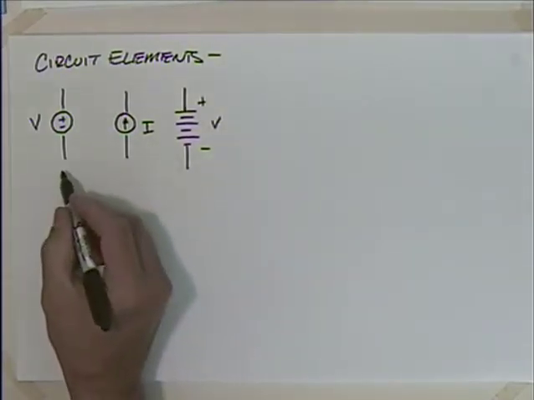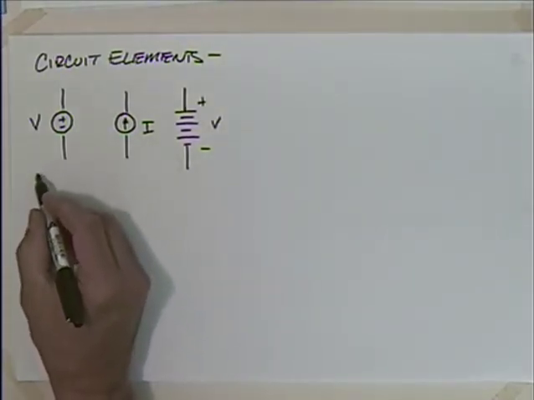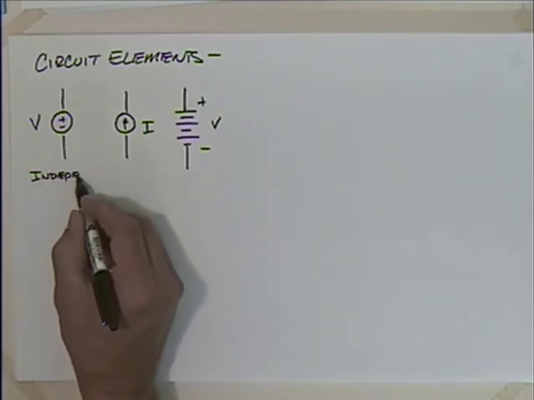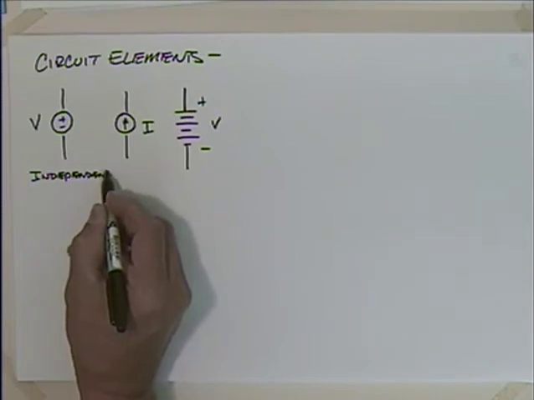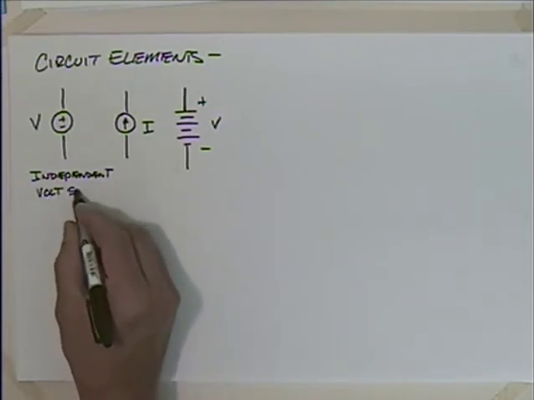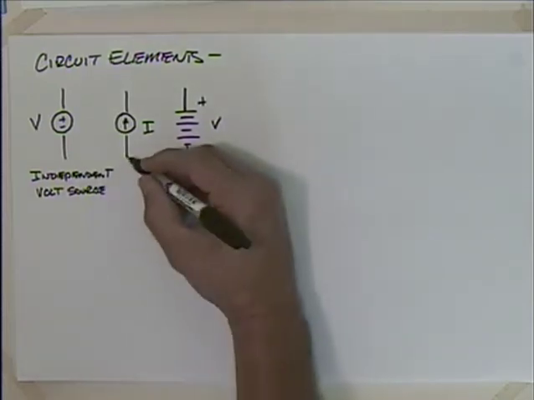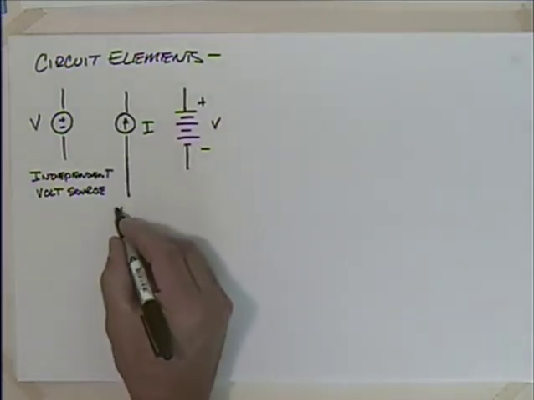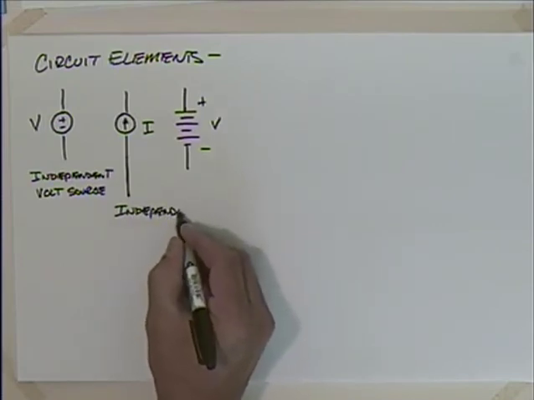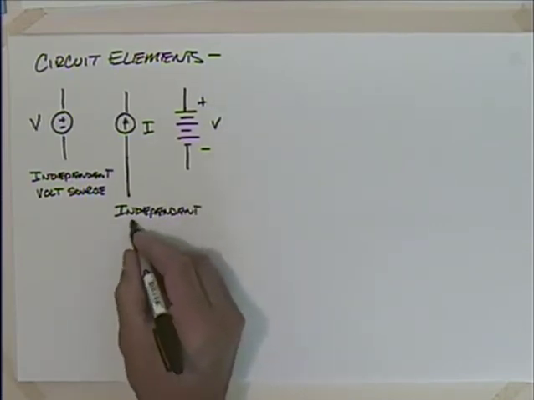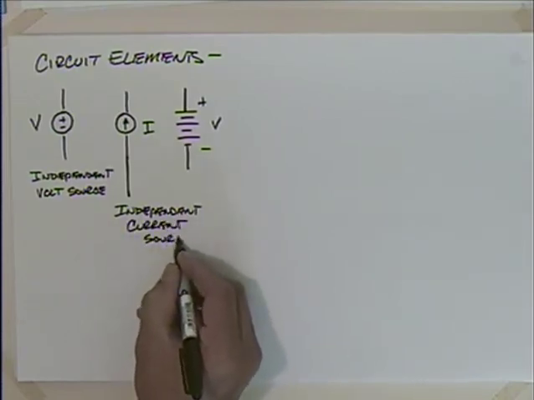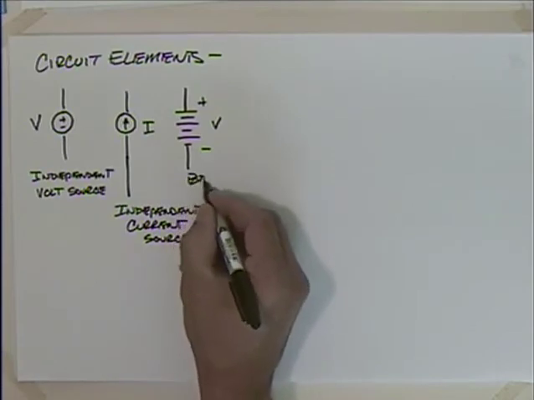So this is an independent voltage source. This one is an independent current source. And this one is a battery.